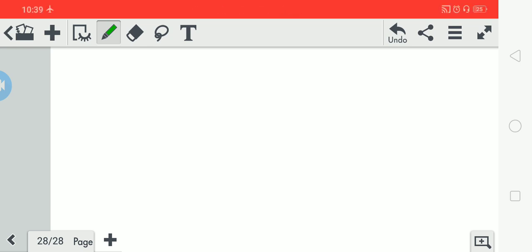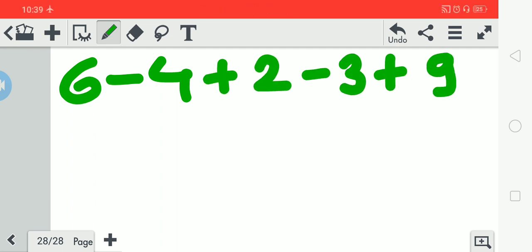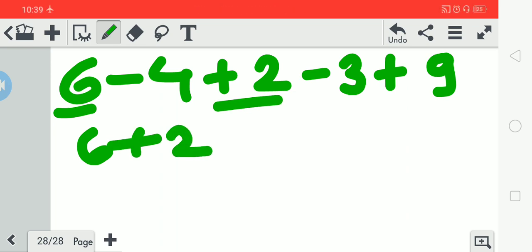Let's take one example again. It is not from the exercise. 6 minus 4 plus 2 minus 3 plus 9. The first step is to make a group of positive numbers and a group of negative numbers. So positive numbers are 6 plus 2 plus 9.